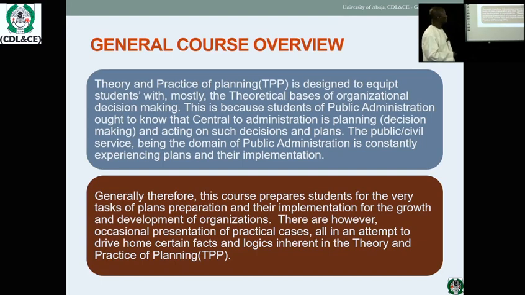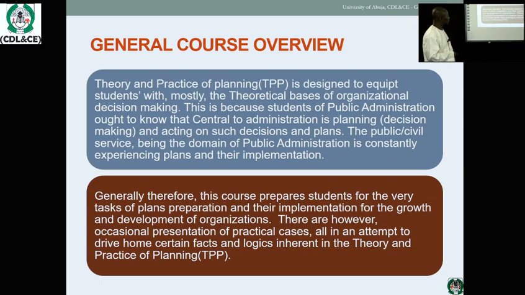Now, we go to the general course overview. The general course overview, of course, is that TPP, which is Theory and Practice of Planning, is designed to equip students with mostly the theoretical basis of organizational decision making.